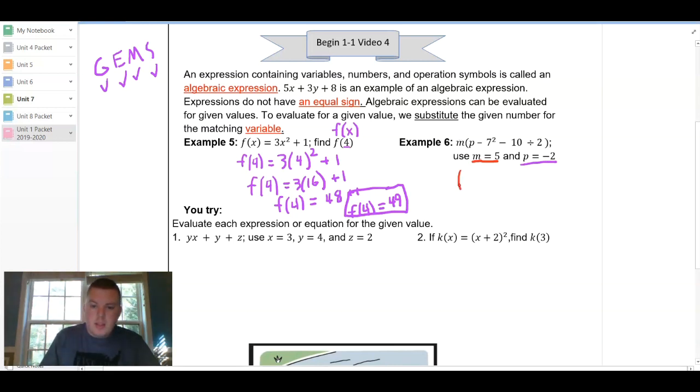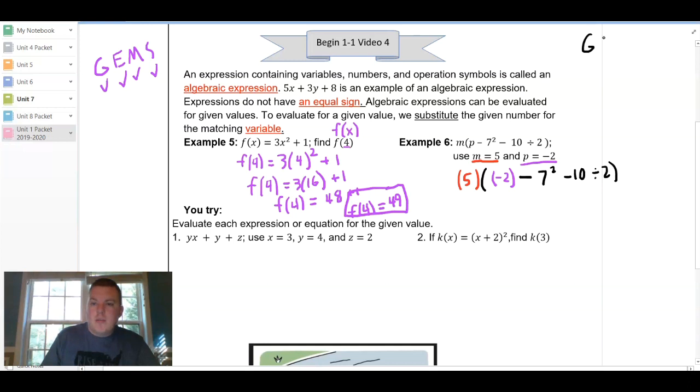So I'm going to replace that m at the very beginning with a 5. And then I'm going to have a parentheses. And then I'm going to replace that p with a negative 2 that I'm also going to put in parentheses. And then I'm going to write the rest of the problem. Minus 7 squared minus 10 divided by 2.